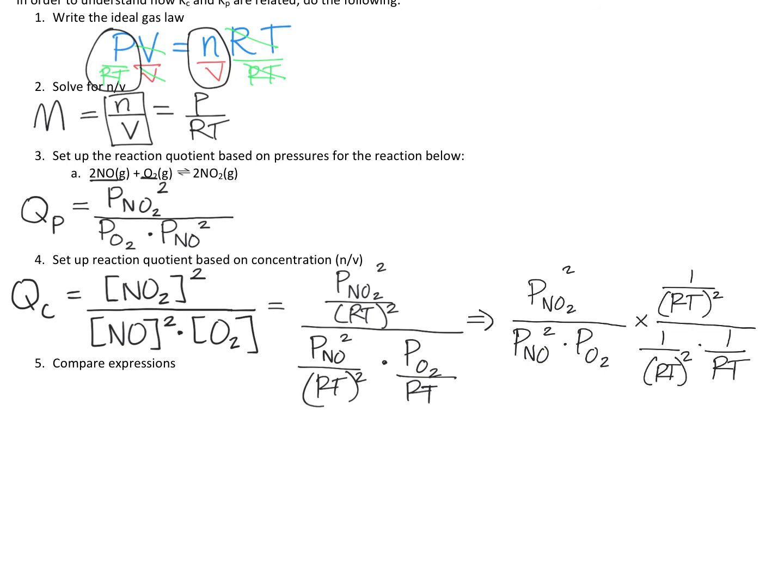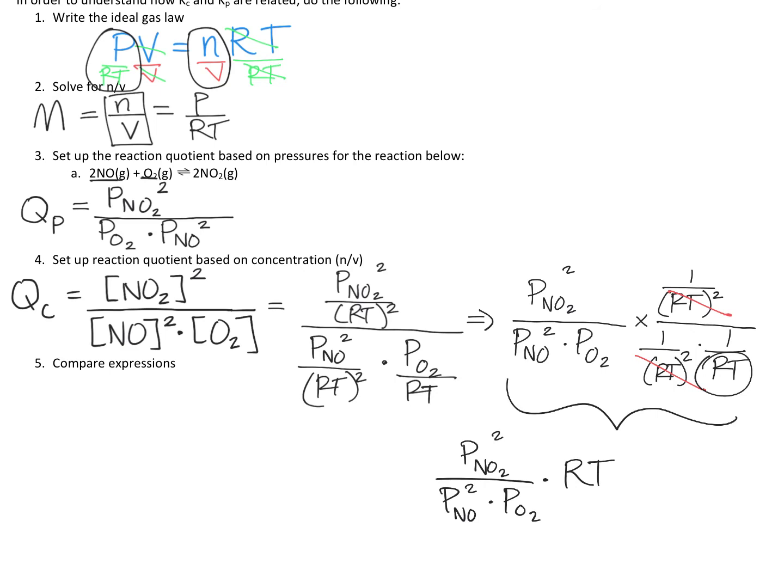You'll notice that this term and this term cancel each other. So what you are left with, condensing this down, is pressure of NO2 squared divided by pressure of NO squared times pressure of O2, all times RT. The denominator of the denominator is a numerator, right? So that's why we have RT on top here. So my QC is equal to this expression.